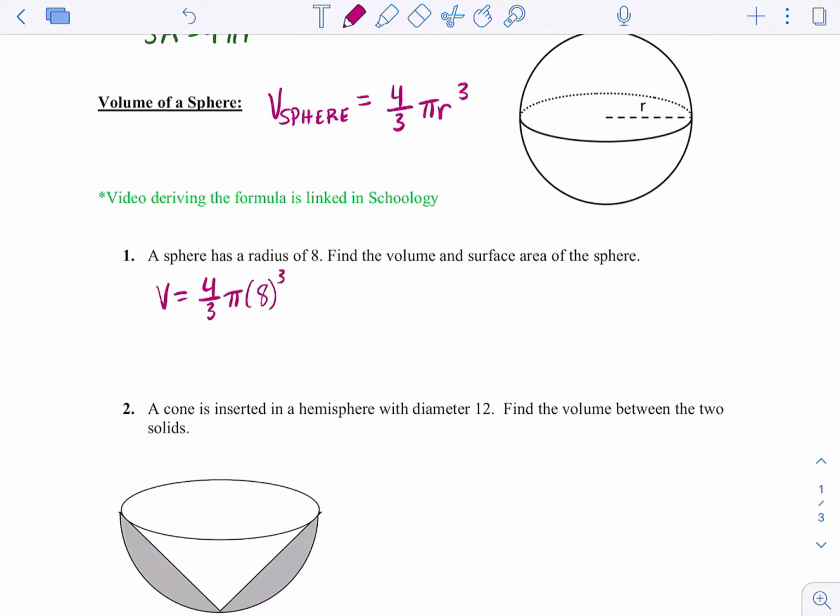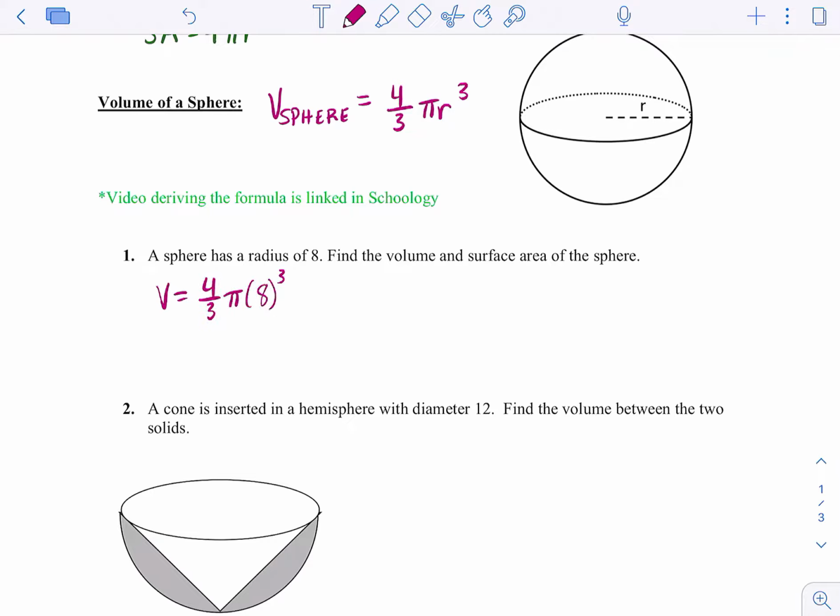So 2048 pi over 3. And that is our volume in exact form left as a reduced fraction. I know many of you like decimals. I know you like multiplying the pi in. As you get into more complex math, we want to leave things in this exact form, even if it's slightly uncomfortable. So this is our volume.